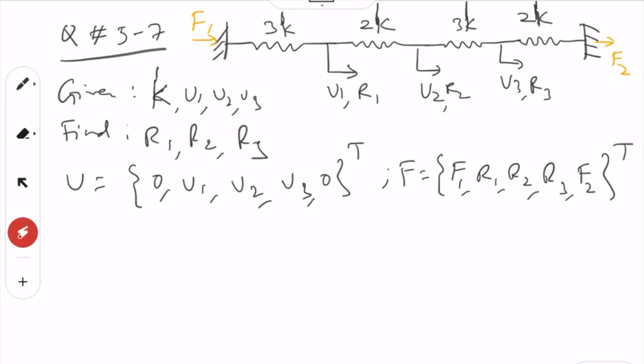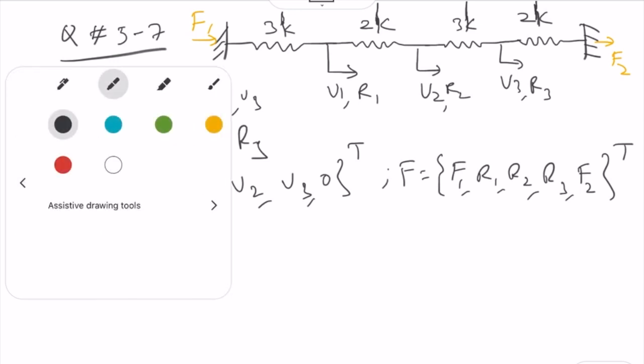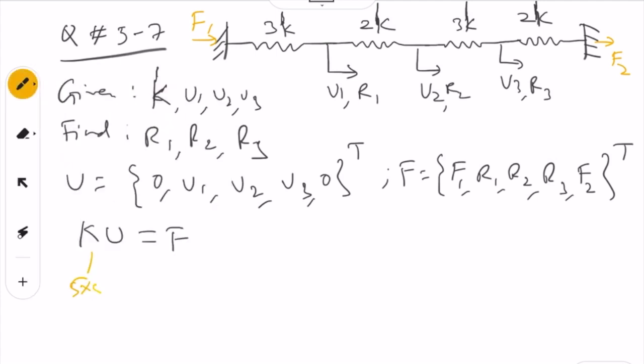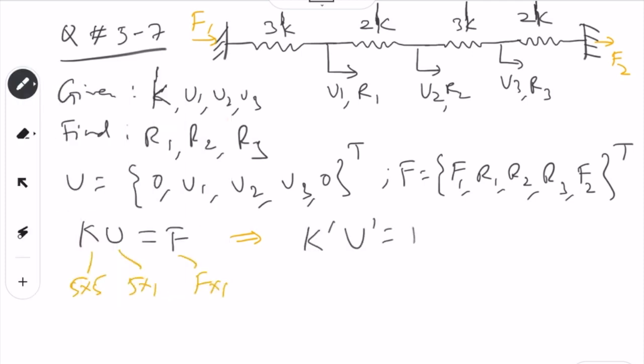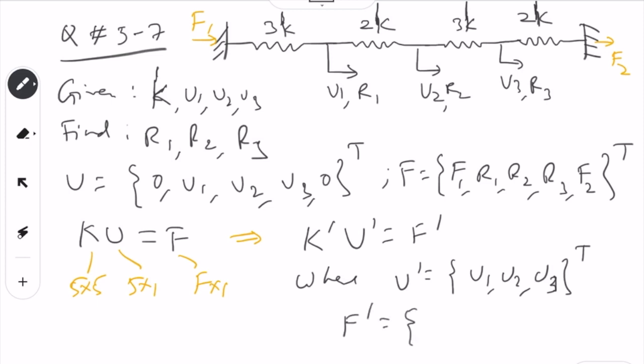So you notice that only 3 rows will be required to calculate the values of R1, R2, R3. Again we will have the full K U equal to F, where K will be 5 by 5, U is 5 by 1, F equal to 5 by 1. Since U has only 3 non-zero entries, we can also write k dash u dash equal to f dash, where u dash equal to u1, u2, u3 transpose, and f dash equal to r1, r2, r3 transpose.